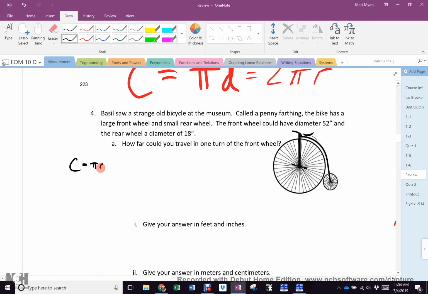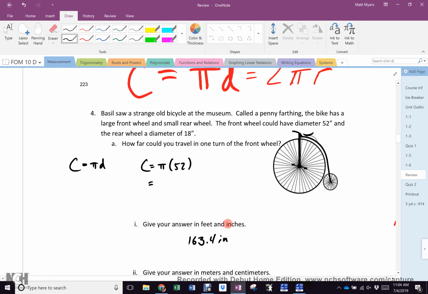Circumference equals pi d. How far could you travel on one turn of the front wheel? Well, that's how far you're going to go, right? The circumference of the wheel. So, circumference equals pi times the diameter. The diameter is 52 inches. So, 52 times pi is 163.4 inches.